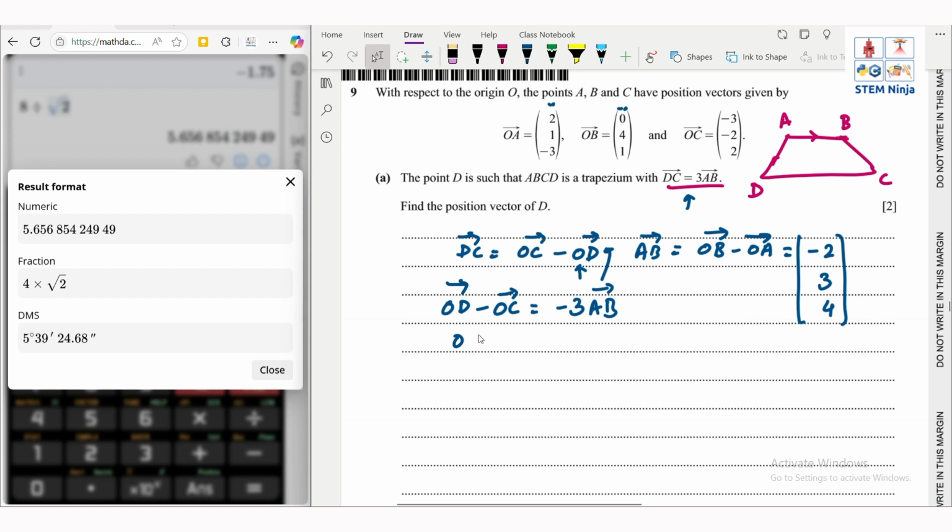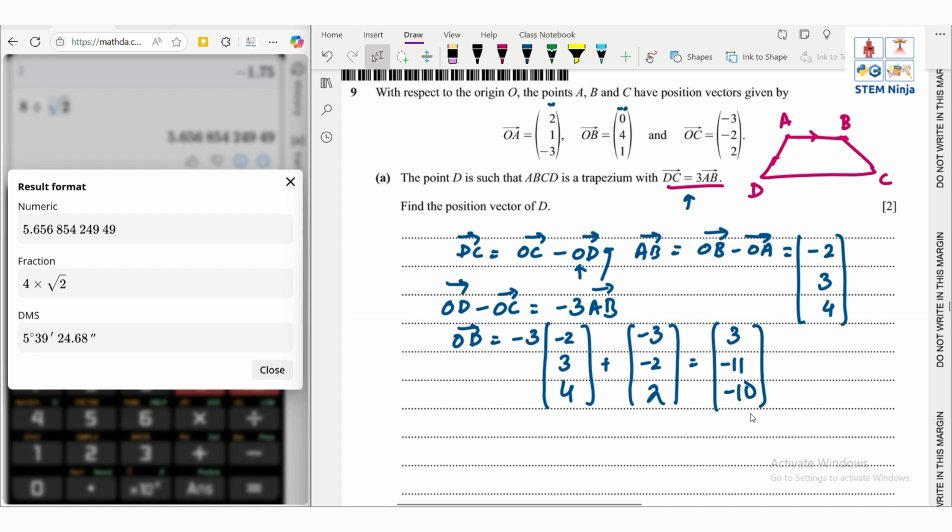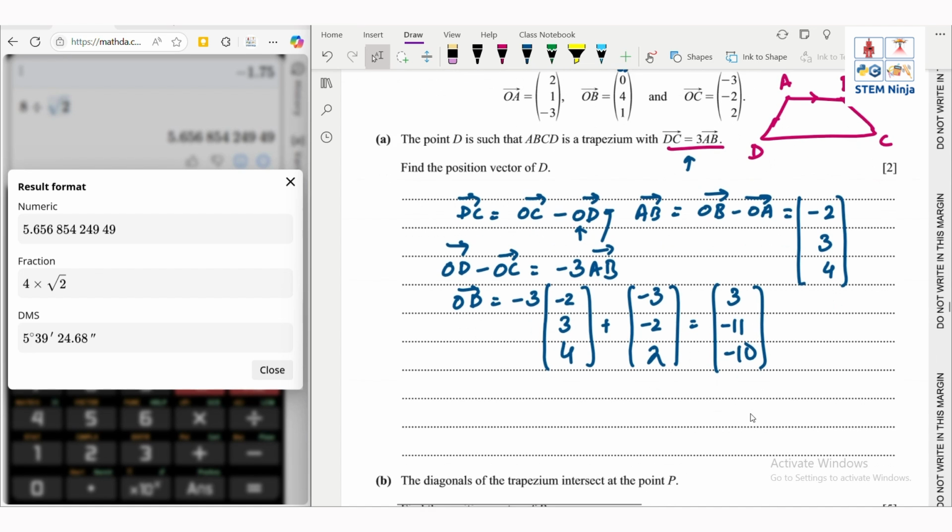So OD would be minus 3 times minus 2, 3, 4 plus OC, which is minus 3, minus 2, 2. This would become 6 minus 3, 3, minus 9 minus 2, minus 11, and minus 12 plus 2, minus 10. So that is your position vector.